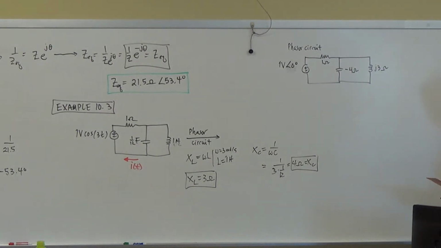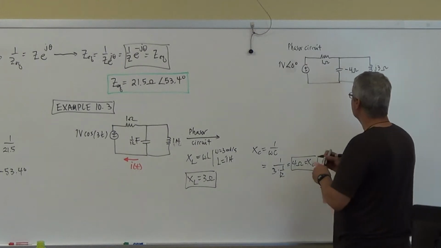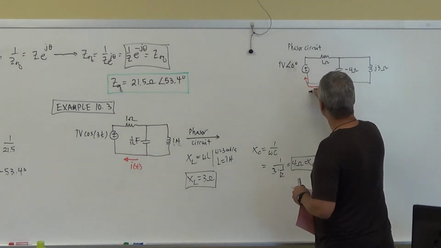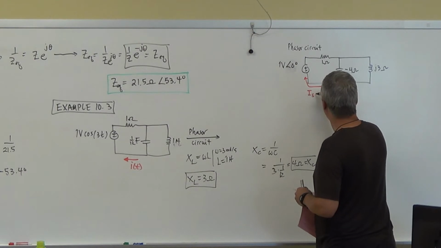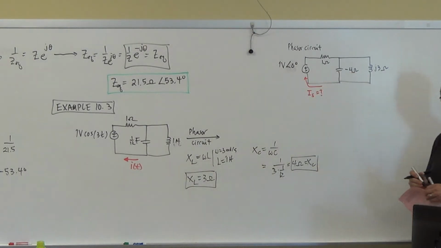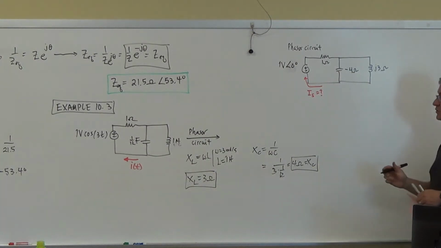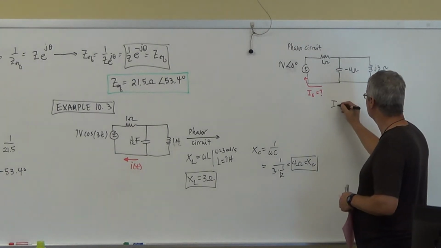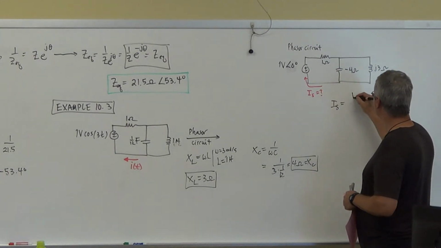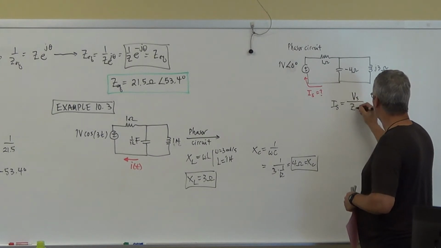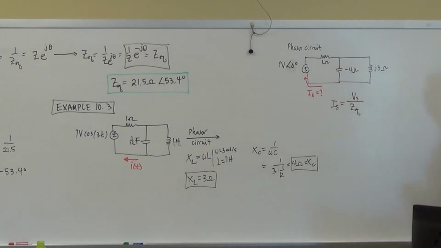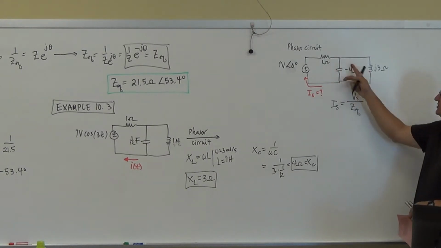So how do I calculate this? If I want the source current, that's what I'm trying to calculate. We know that the source current has to be what? I source has to be the voltage source divided by the equivalent impedance. Now, this is in series with these 2.